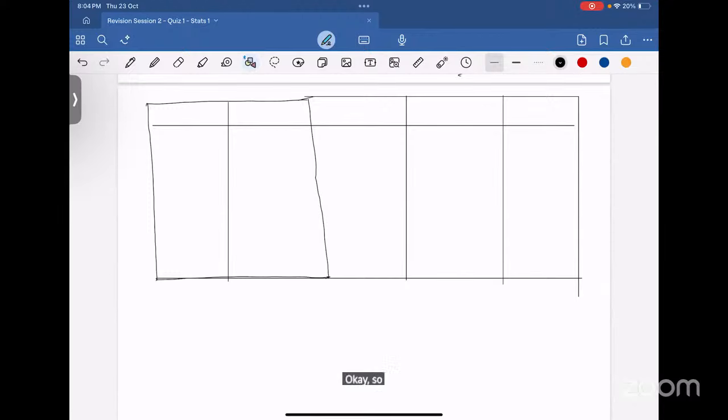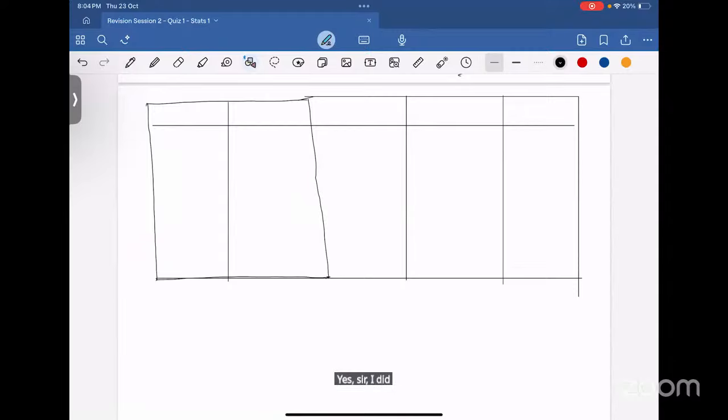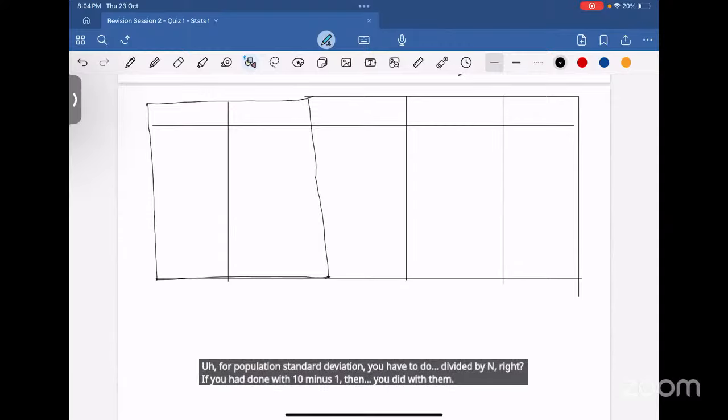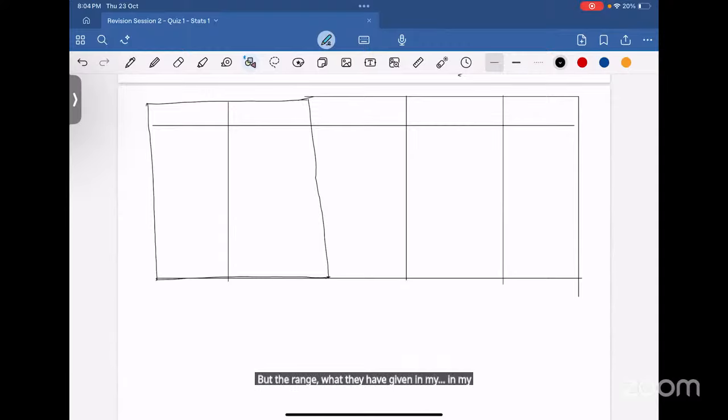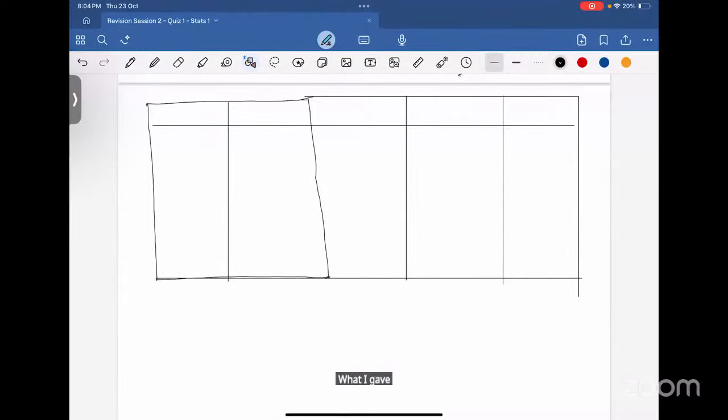Okay, so I think you have computed it a little incorrectly. For population standard deviation, you have to divide by n, right? If you had done it with n minus 1, then it would differ. Yes, sir, I did it with n. The range they have given in my answer sheet is 1.31 to 1.51, and what I gave is 1.414.